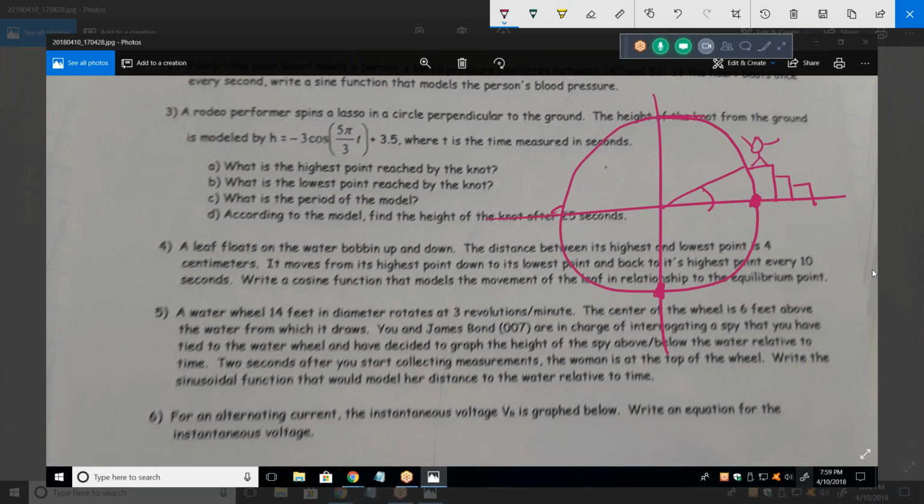If they're getting on right there or right there, there's no phase shift. But if they're getting on somewhere in between, then there's a phase shift. Now, that's all I'm going to say because it's not clear to me that you've even had phase shift at this point. These problems are already 10 times harder than they should be for your class. I don't know what else to say.